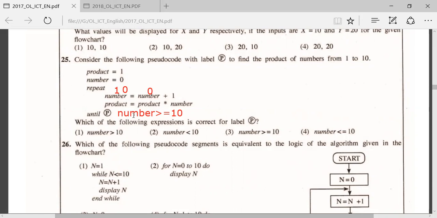At one stage, number will be equal to 10, 10 greater than or equal 10, it is yes, exit from the loop. So my answer is right, number greater than or equal 10. Third answer option. That's the end of question number 25.